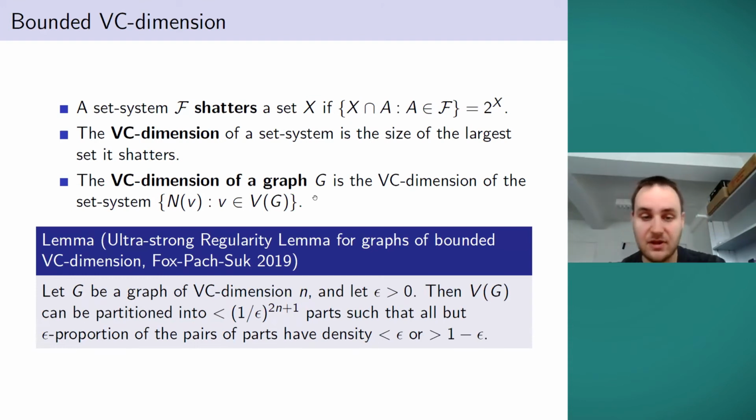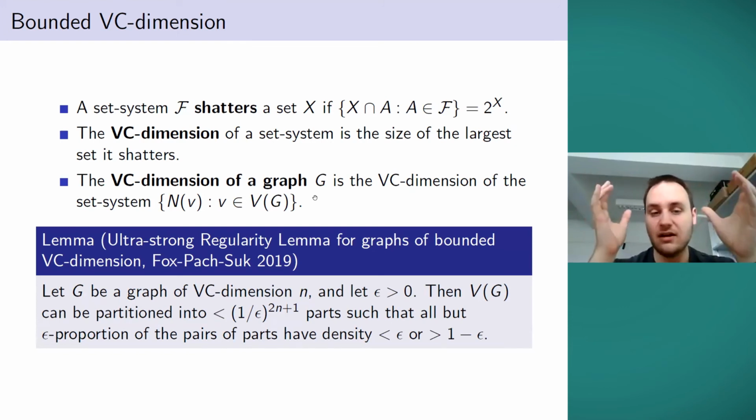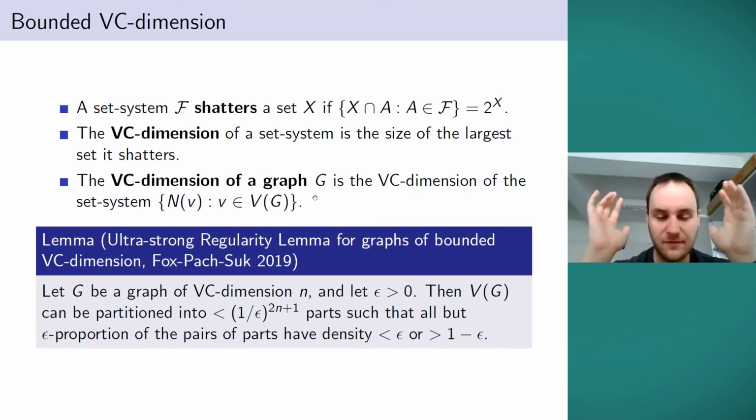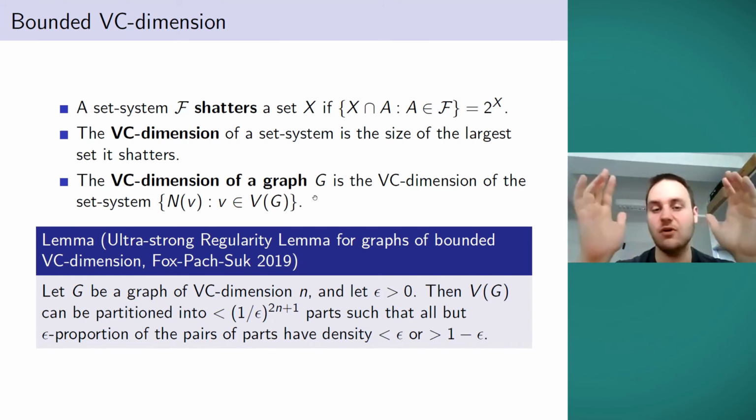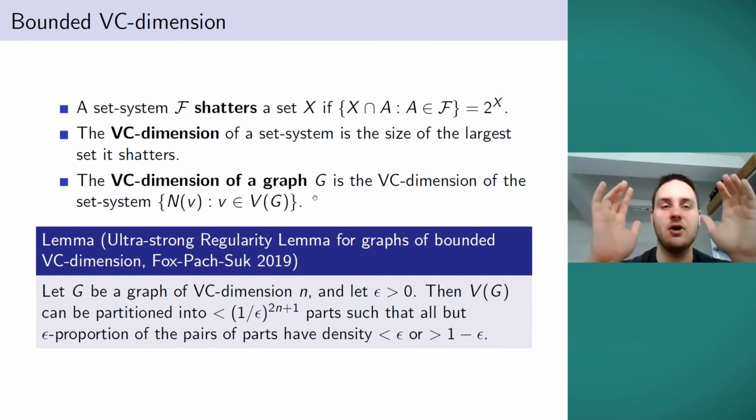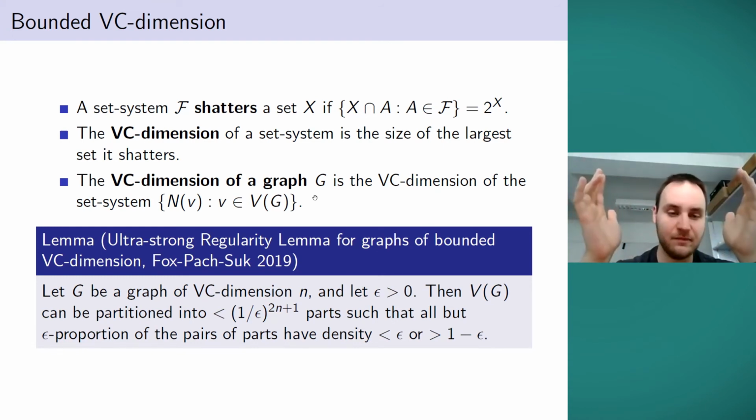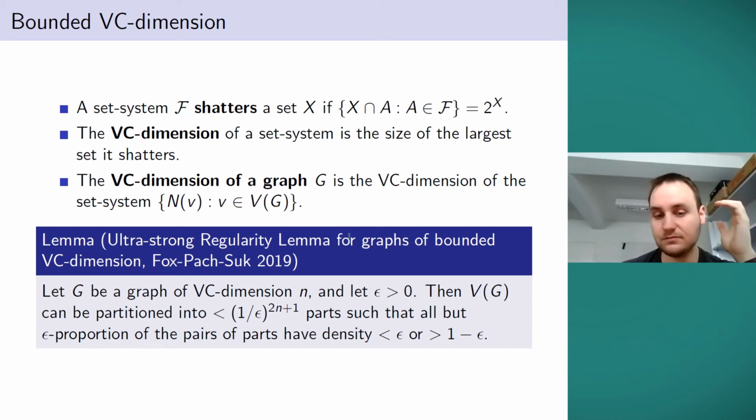So the usual regularity lemma for graphs says that we can partition our graph into a bounded number of parts, where this bounded number is some extremely huge, extremely fast-growing function of some parameter epsilon, such that between almost all parts we have an almost random-looking graph. Now for graphs of bounded VC dimension, we can do something much stronger.